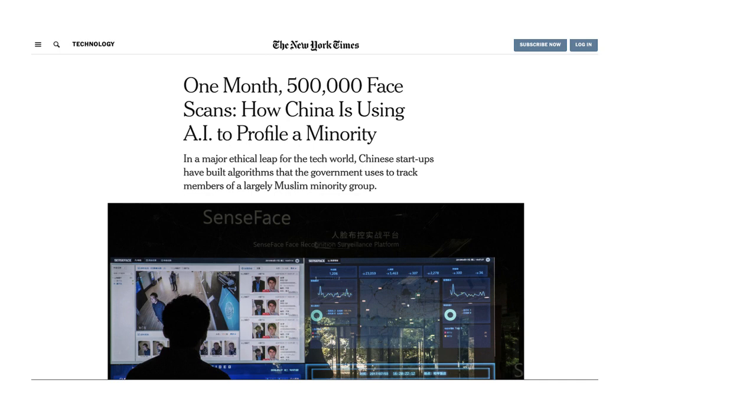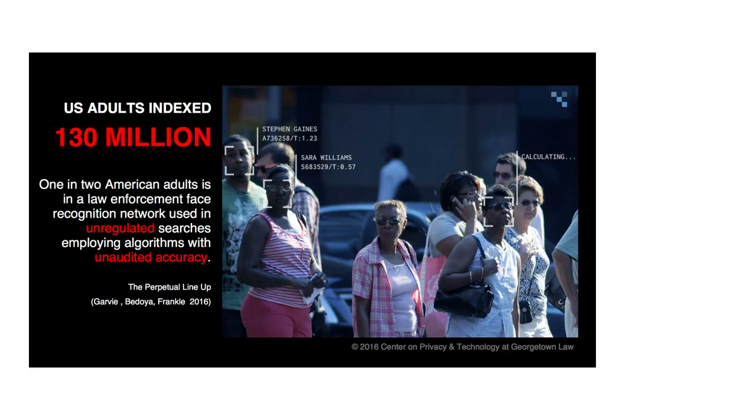So you have people being targeted, Muslim minorities being targeted in China. And we have many Black people being targeted in the US. 1 in 2 American adults is in a face detection database, in a face recognition network. And most of the people who are targeted are in Black and brown neighborhoods, as we can see in the protests right now.